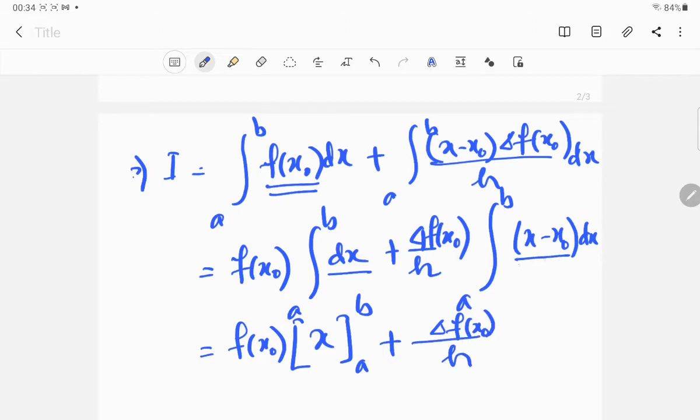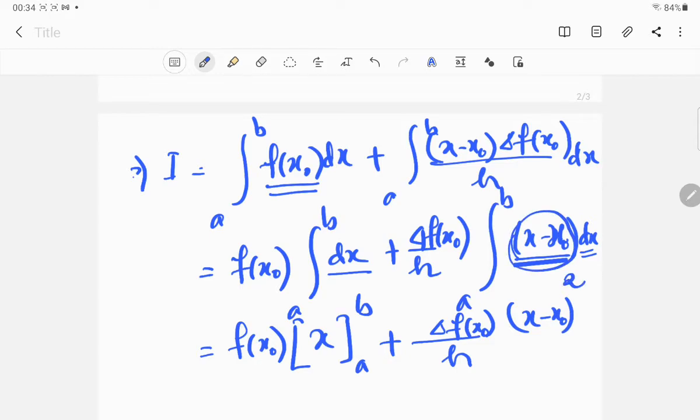So this thing is x minus x0, okay. And it is integrated with respect to dx. So since x0 is a constant, it will not matter that much. So x dx means x square, so it will come out to be x minus x0. So you can consider this to be a single variable.